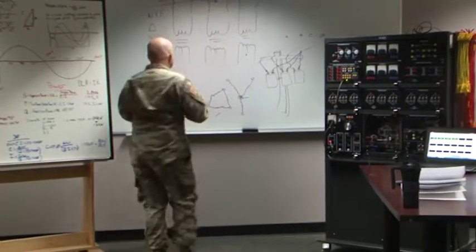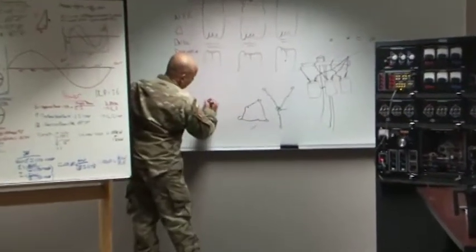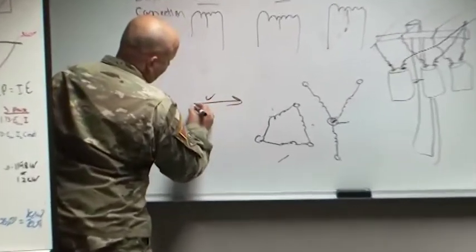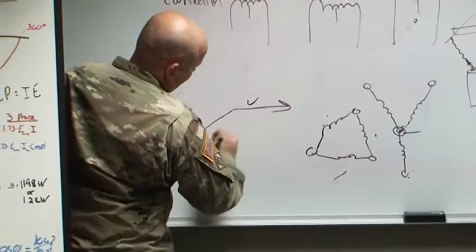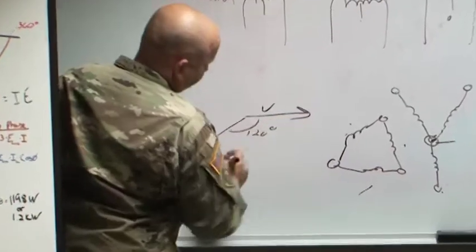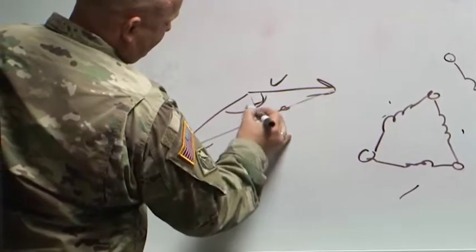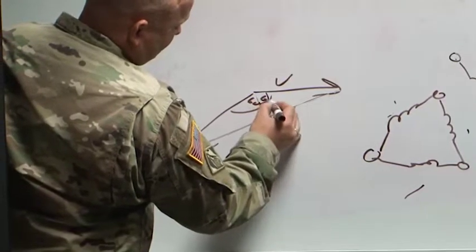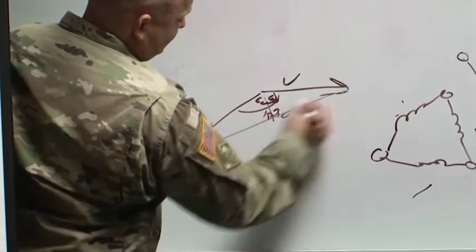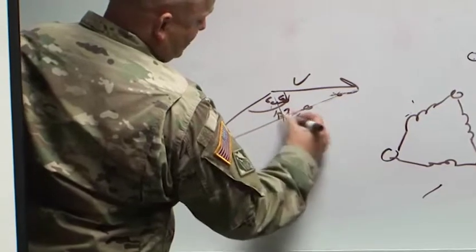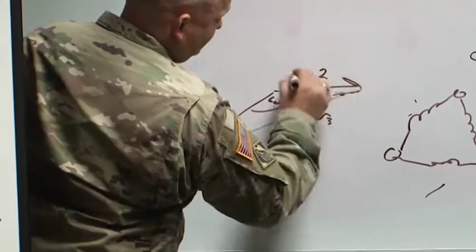Okay, the origins of 1.73: if we have one vector here that's V, another vector here that's V, we know they're 120 degrees out. I bring my resultant here, I cut it in half, I know that is going to be 60 and 60. That's a 90, that's a 90, that's a 30, then I know that's 1, square root of 3, that's 2, V equals 2.